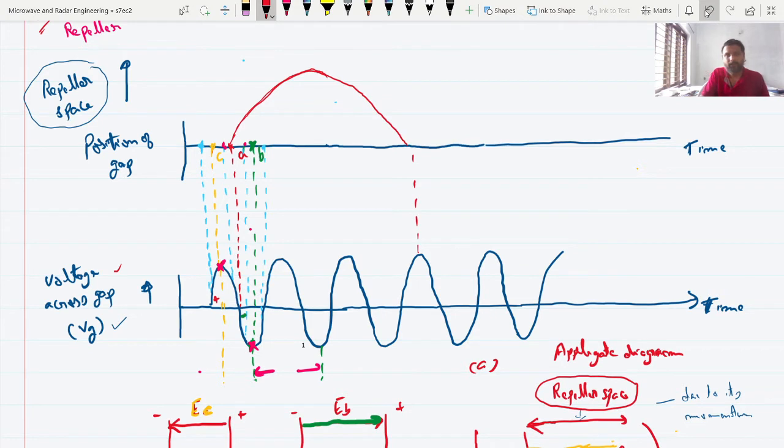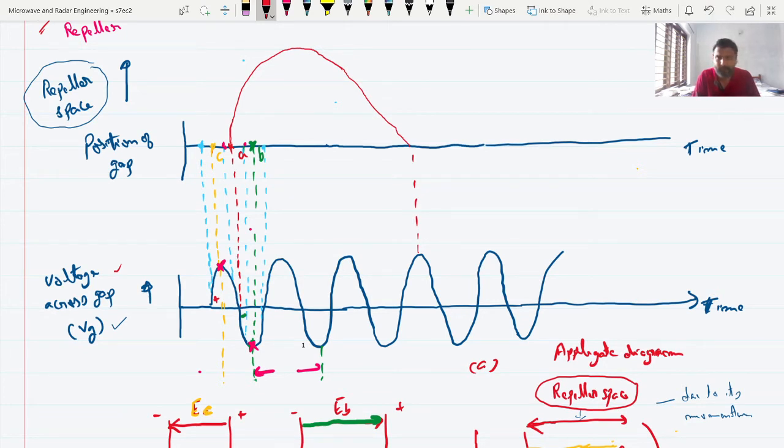Curved path. It's not like that. It will trace a curved path in the graph.